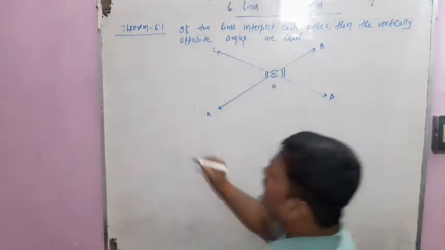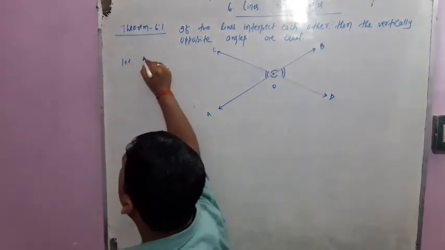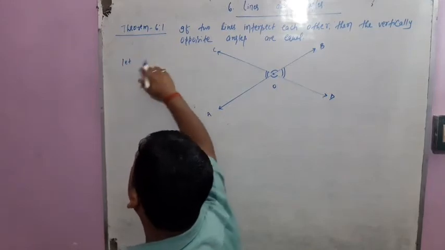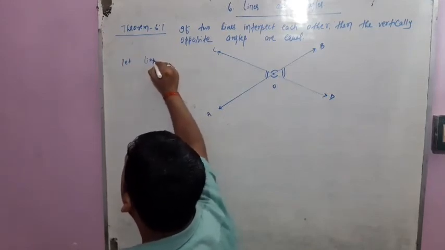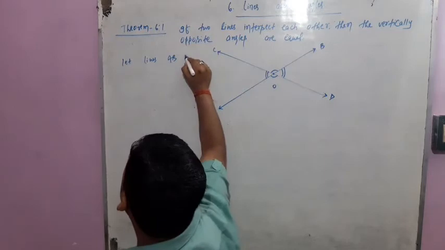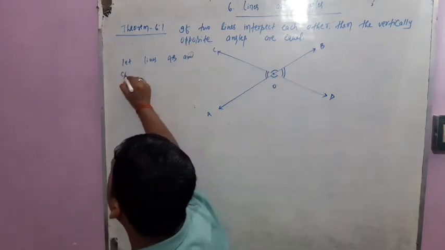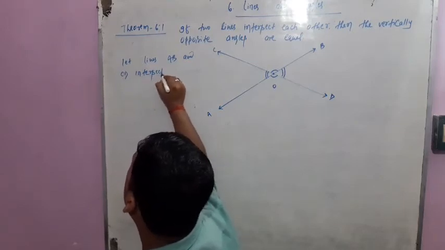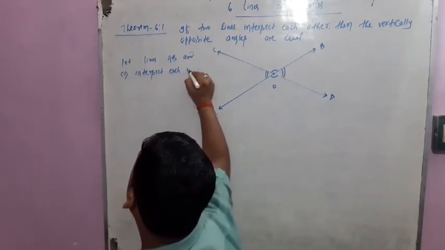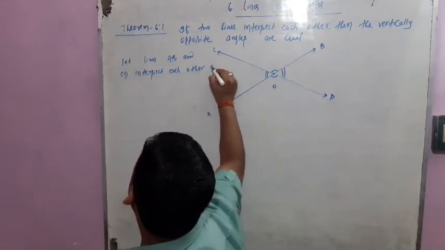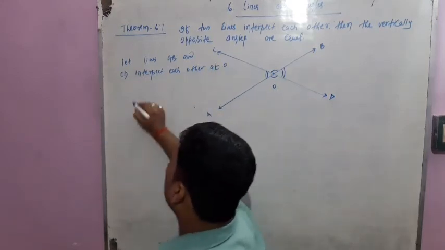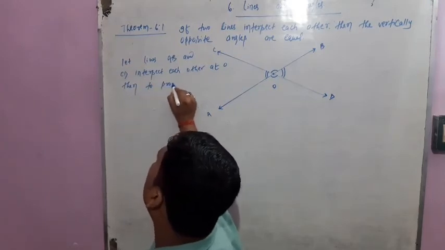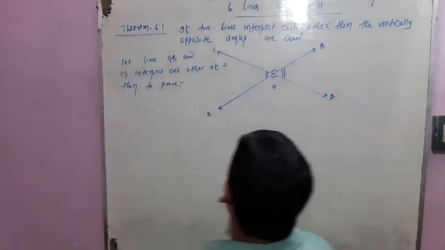So we have to write here: let lines AB and CD intersect each other at O. Then to prove, what do we have to prove?